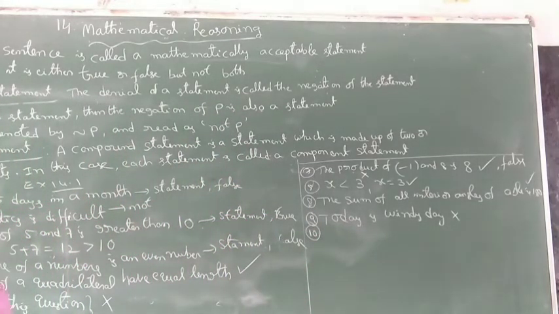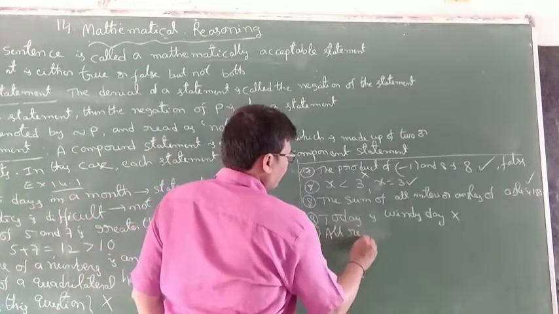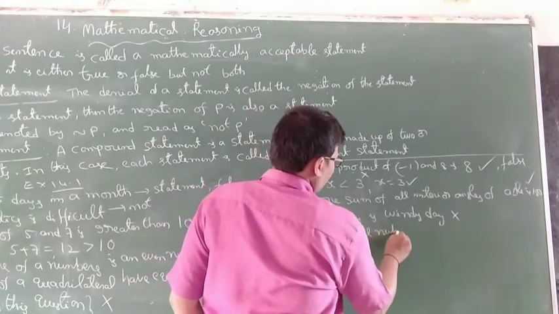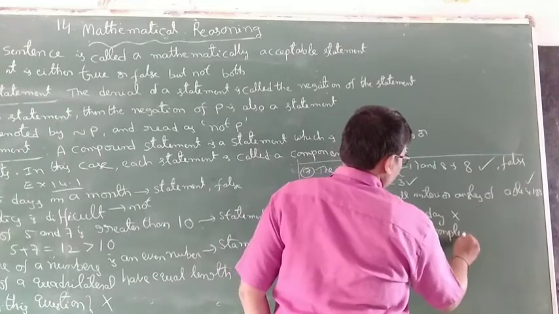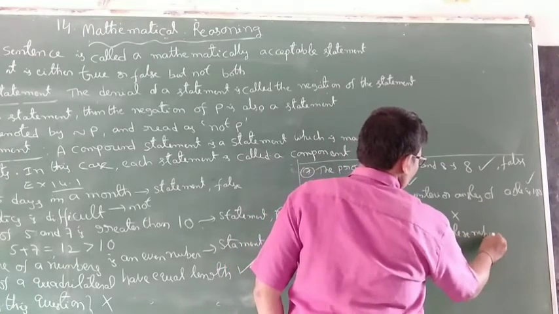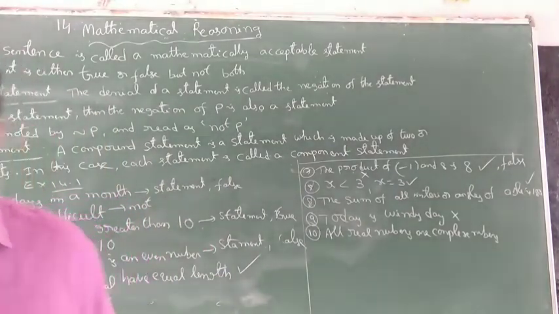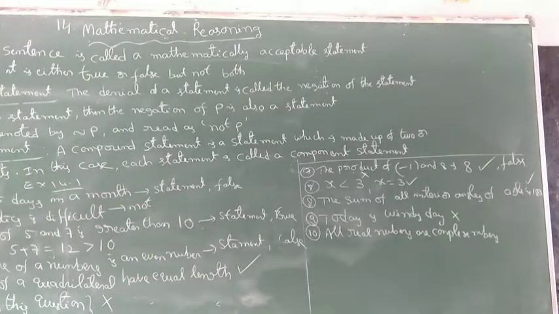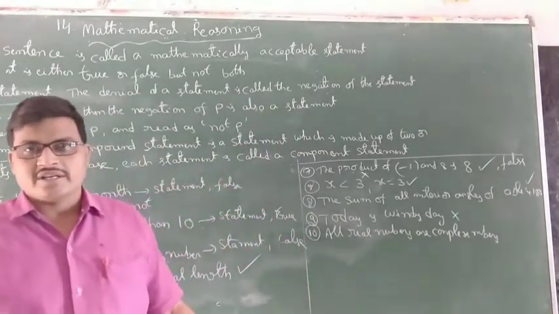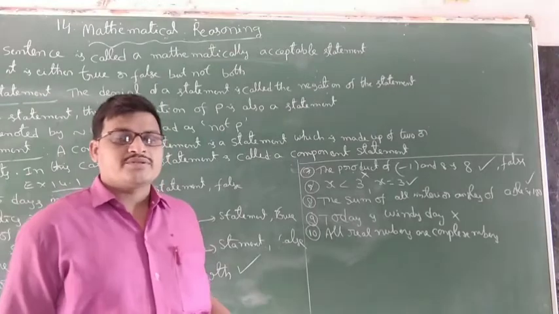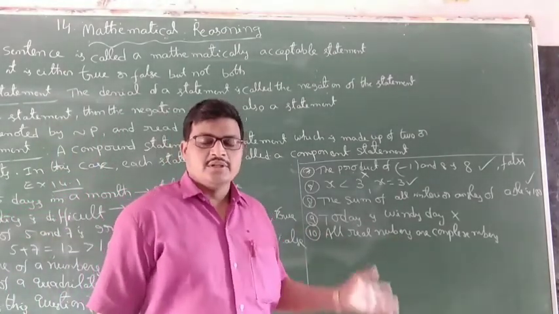All real numbers are complex numbers. Not all complex numbers are real numbers, but all real numbers are complex numbers. So it is mathematically acceptable and a statement. True or false? It is a true statement.